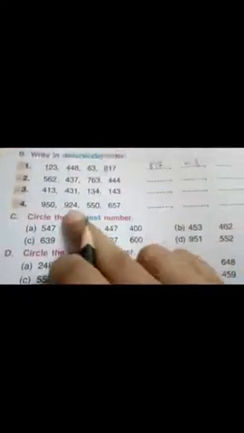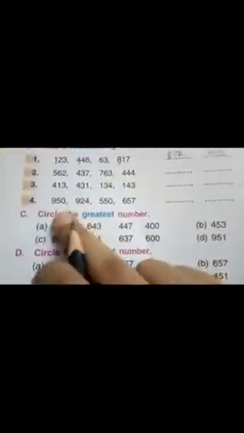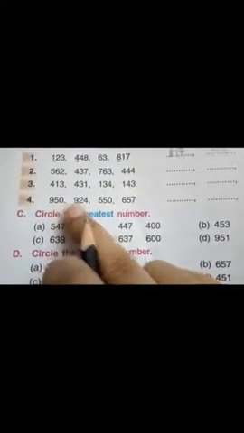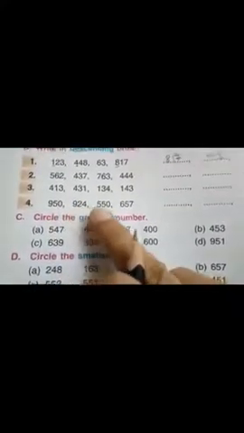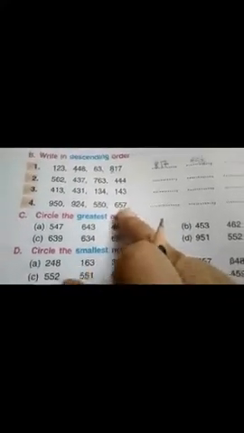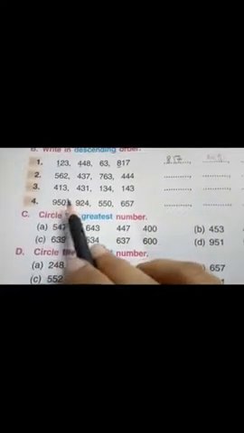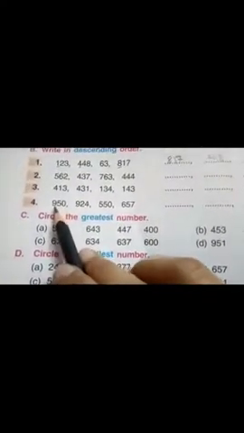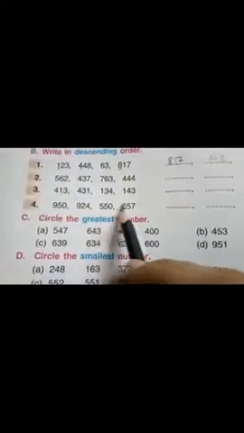Now look at the next example. 950, 924, 550 and 657. So which will be the greatest number? First we have to look for the hundreds place. 9, 9, 5 and 6.